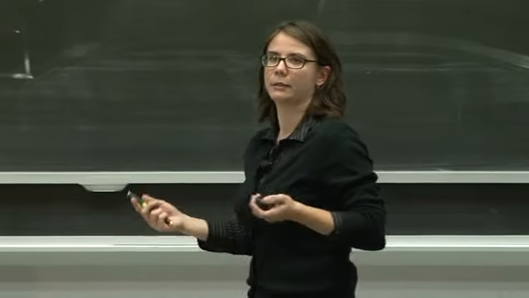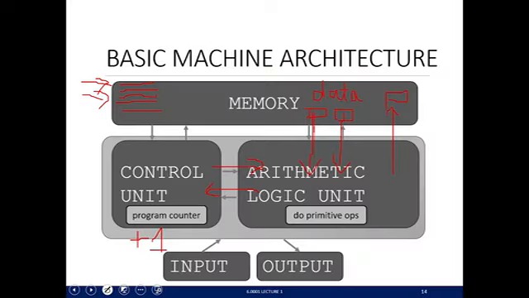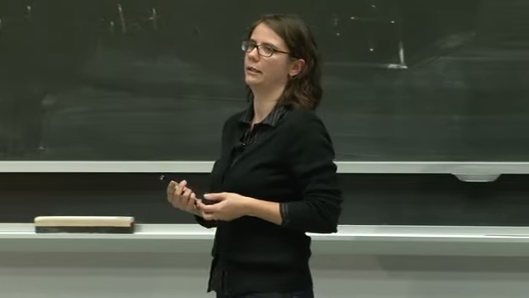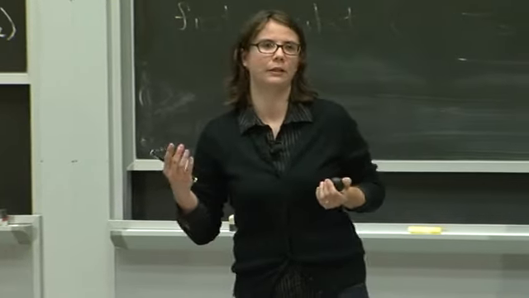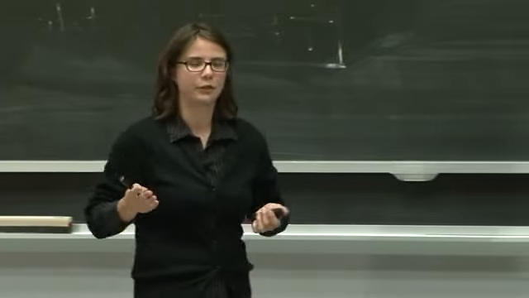There might be one particular instruction that does some sort of test. It's going to say, is this particular value greater or equal to or the same as this other particular value? That's an example of a test, and the test is going to return either true or false.